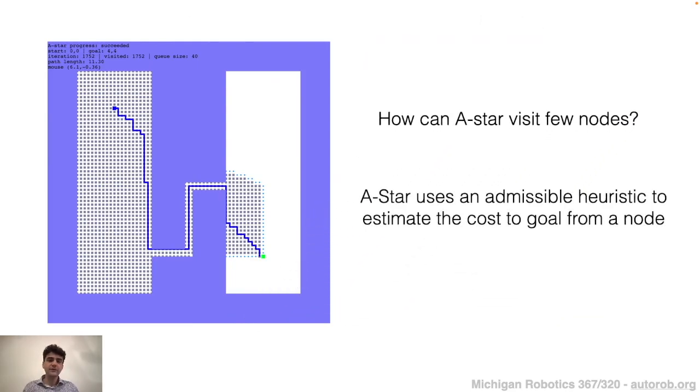So the question then is how is it possible that A star can visit so few nodes while ensuring that the resulting path is still the shortest possible path? Well, the way A star does this is by using what's referred to as an admissible heuristic during its estimation of the cost from nodes to expand to the goal node.